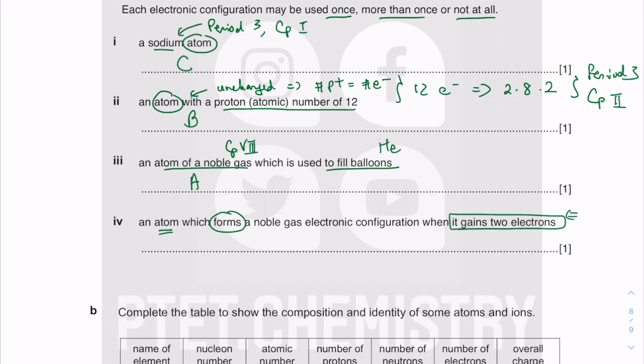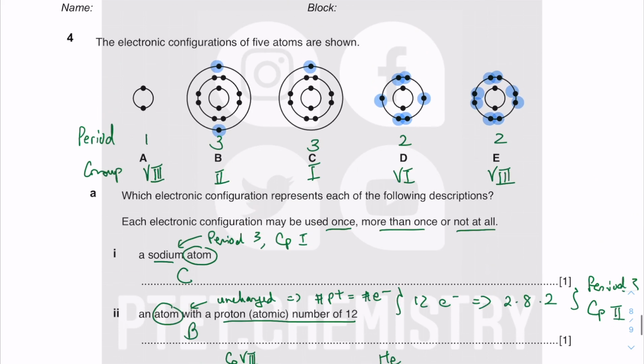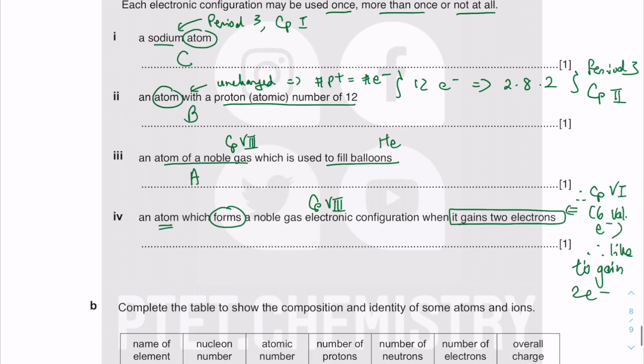Gaining electrons, therefore we are looking at group 6. Group 6 has 6 valence electrons, so it likes to gain 2 electrons to get to group 8, which has 8 electrons in the outer shell. The only one which is group 6 will be D, with 6 outer shell electrons.